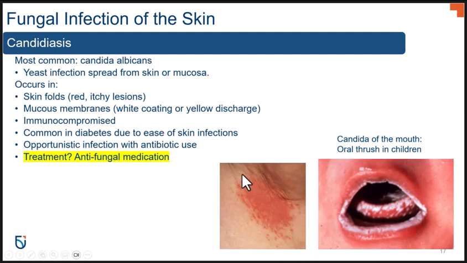Just like in other mucous membranes, the vagina contains good bacteria that help keep everything in balance and help ward off any pathogens. But if the good bacteria gets wiped out for whatever reason, it can lead to an imbalance where Candida albicans can overgrow, leading to a yeast infection.